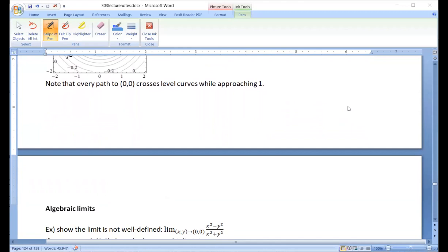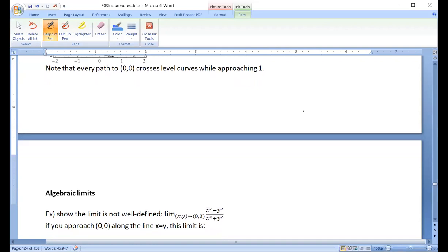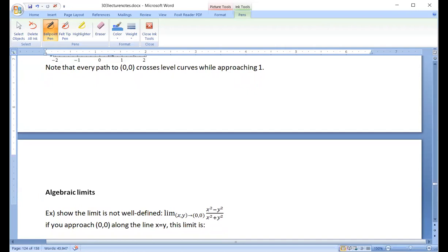The limit as xy goes to 0, 0 of x squared minus y squared over x squared plus y squared. In order to do this calculation, we're basically going to repeat as a calculation the same thing that we did both numerically and graphically. We're going to show that two different paths will give two different limits. So first, let's do this one.